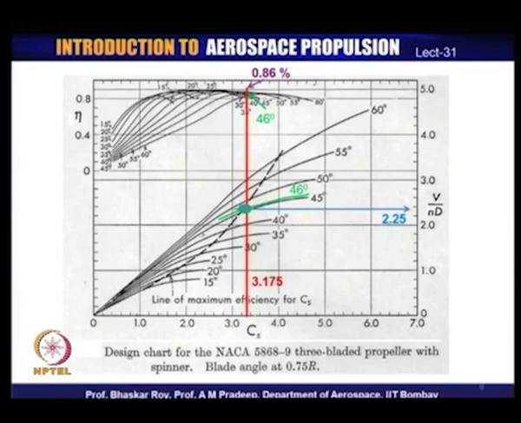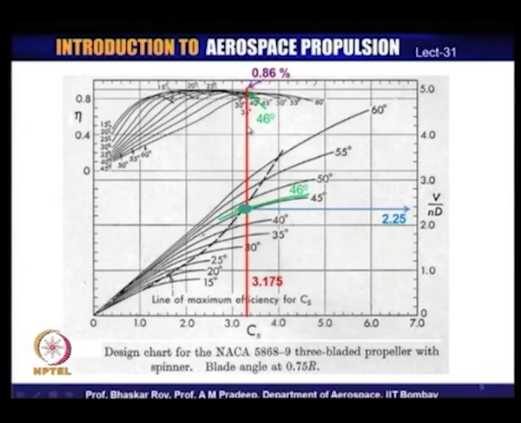So, this 46 degree is at the reference blade section at 0.75 R, and not for all the blade sections of the entire propeller. That needs to be kept in mind, and this is a variable pitch propeller. So, this particular blade setting is suitable for the particular operating condition specified in the problem. At any other operating condition, you can choose another blade setting through the variable pitch mechanism and operate that section to get good efficiency. So, this particular operation now gives us an efficiency of the order of 86%.